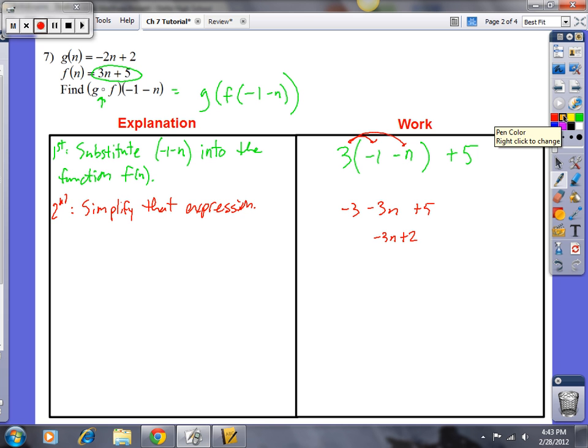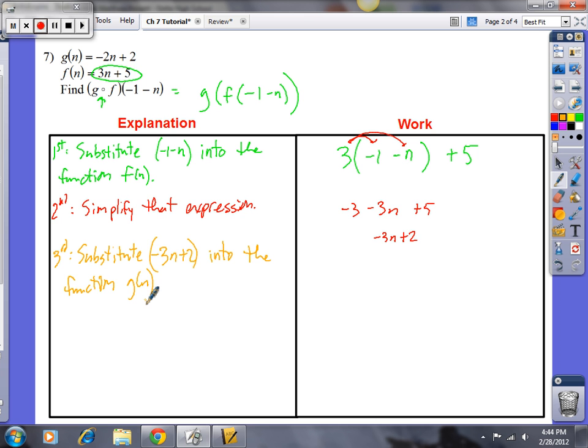Now, third, you are going to substitute this new expression, this negative 3n plus 2, into the function g of n.